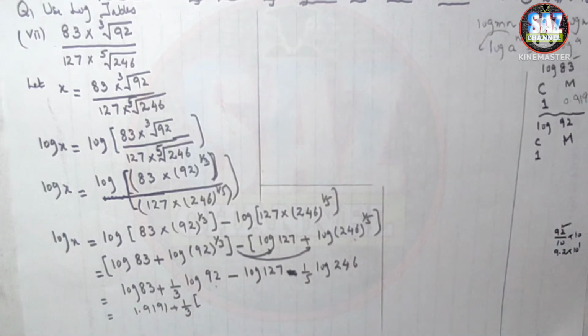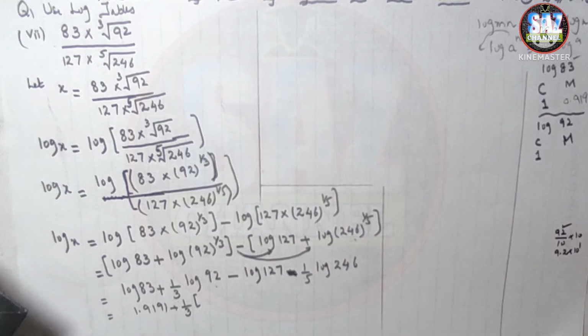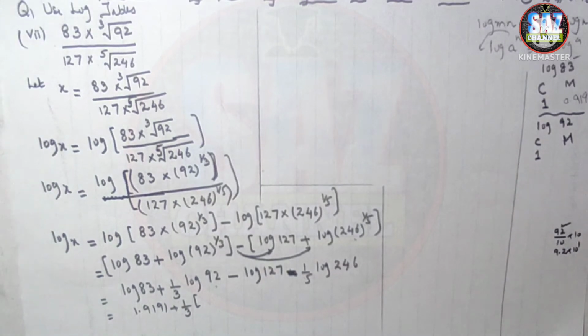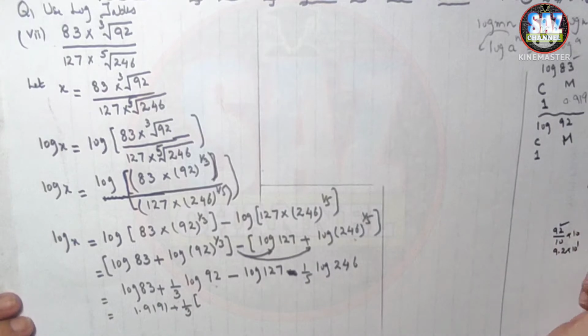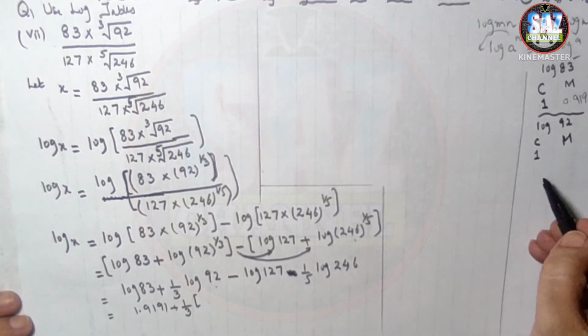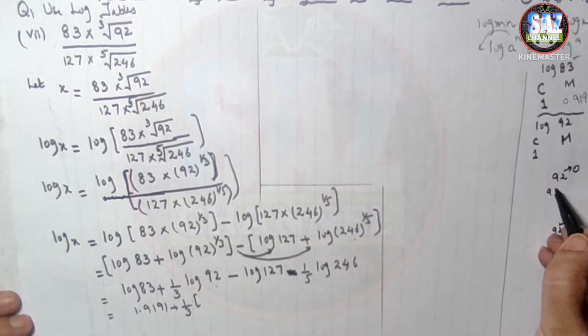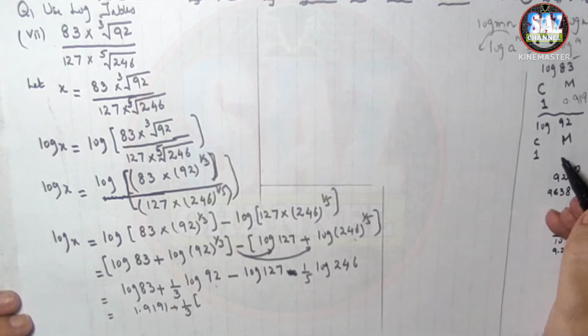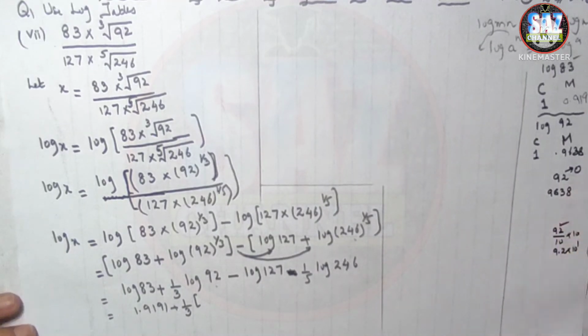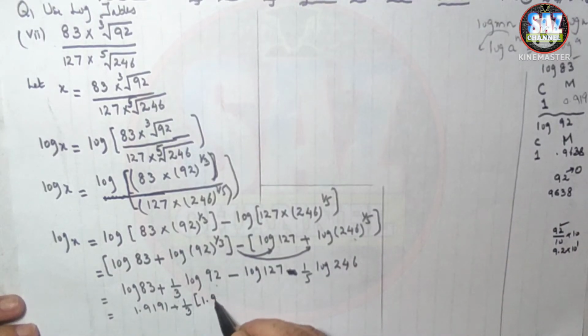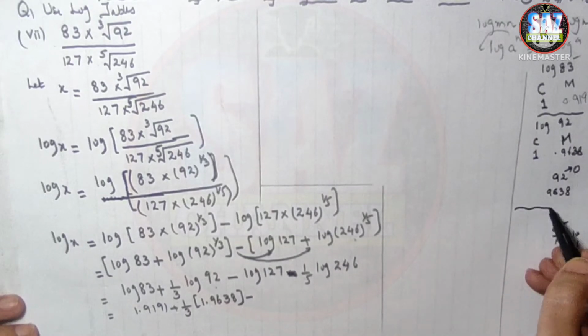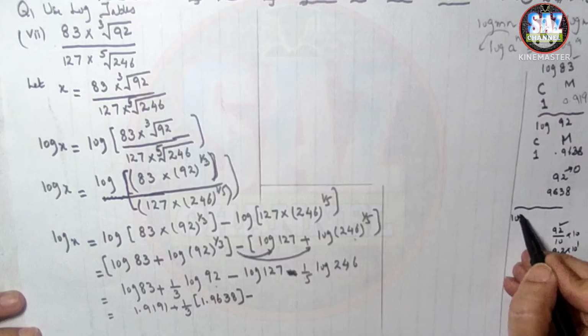Characteristic is 1, and for the mantissa I locate 92 in the log table in the column of 0, which gives 9638, and the mantissa is always in decimal, so 0.9638. So log 92 is 1.9638. I have to copy the figures carefully.